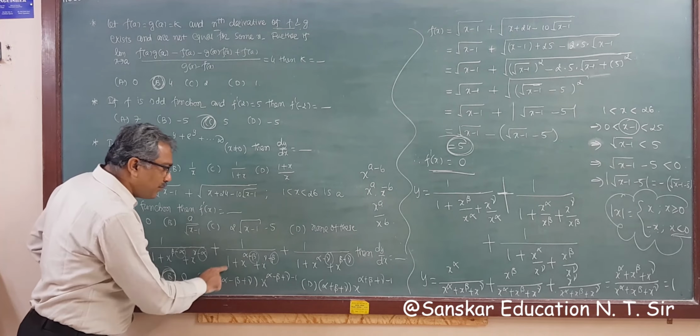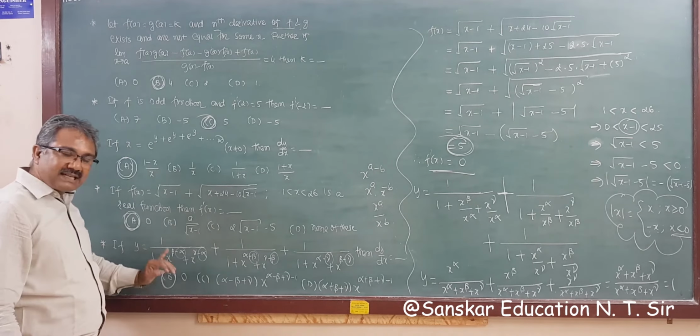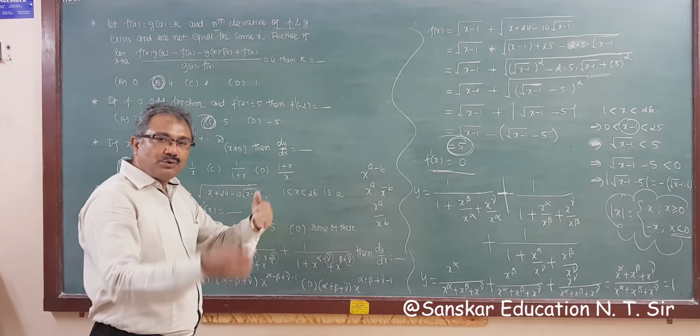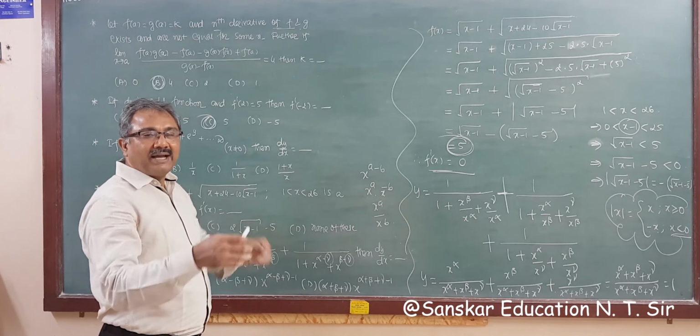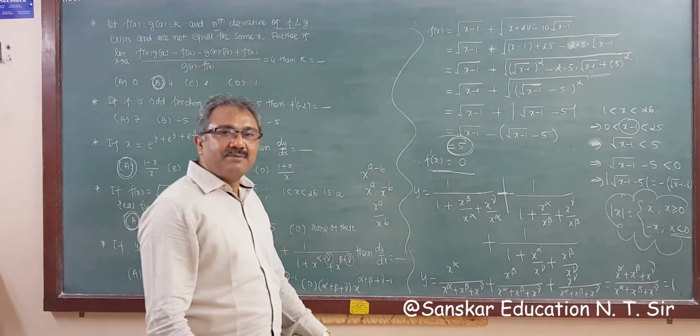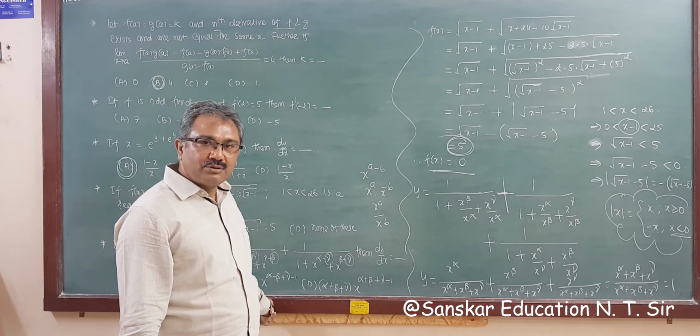Then this is x raised to beta upon the same, then x raised to gamma upon the same. So you can directly observe that the numerator as well as the denominator are the same, that is 1. So we will get the answer directly 0, right?